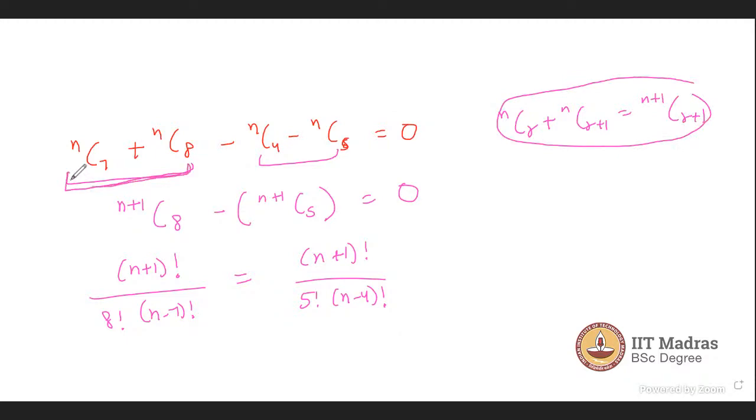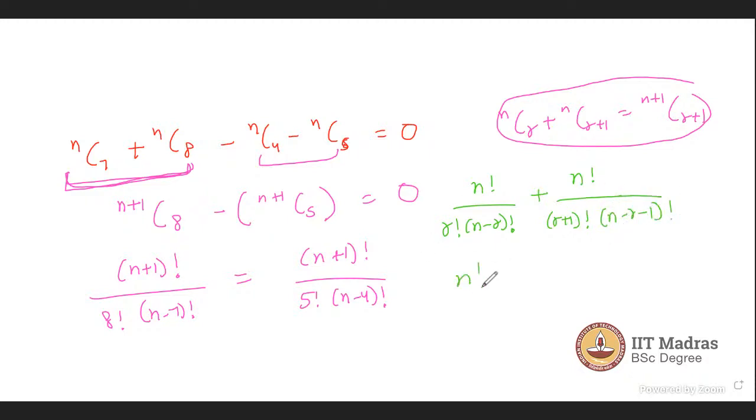Okay. So it becomes (n+1)C8, right? Sir, can you then derive that formula, that nCr is this thing, and (n minus r) minus 1 factorial, right?